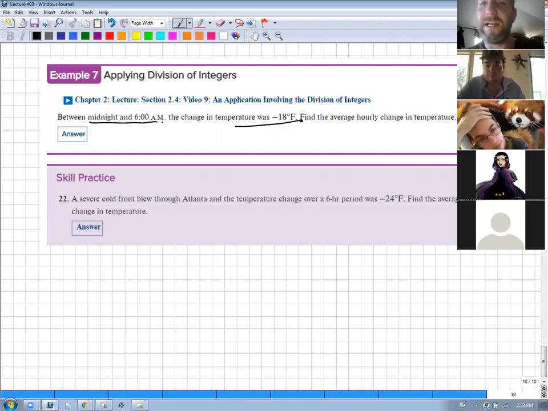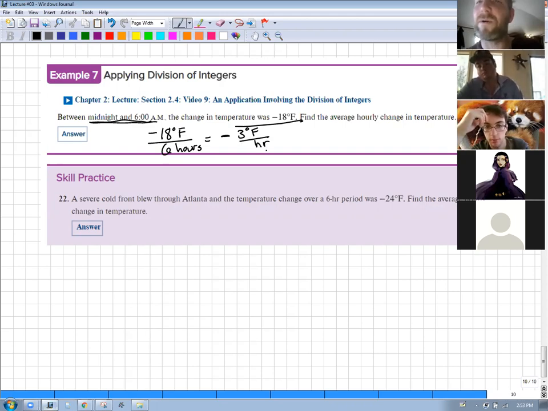Well, between midnight and 6 a.m., that's 6 hours, right? We had a change of -18 degrees Fahrenheit in 6 hours. So we just simplify this expression. There's only one minus sign, so we have a negative. 18 divided by 6 is 3. 3 degrees Fahrenheit per hour.